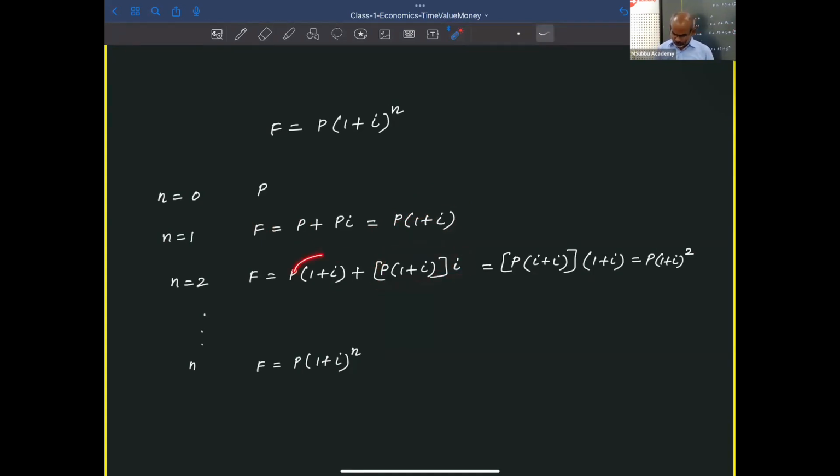So this is the amount at the start of the second year, to which we add the interest, this multiplied by the fraction. This is the value you'll be getting at the end of the second year. This you can reduce and you'll get 1 plus I to the power 2. This is at the end of the second year, and similarly at the end of the nth year.